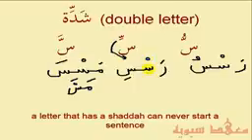Let's look at some words with the shadda. So here we have 3 words, actually 4 words, because iyaka actually is made up of 2 different words. We have a particle and a pronoun. So how do we pronounce this? Iyaka. Notice the ya gets a double vowel because of the shadda there.